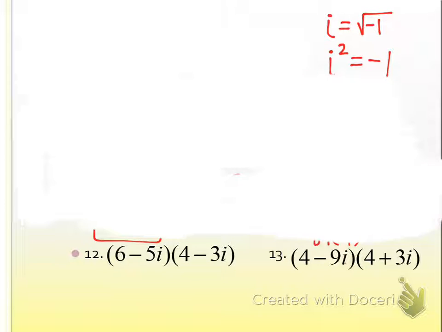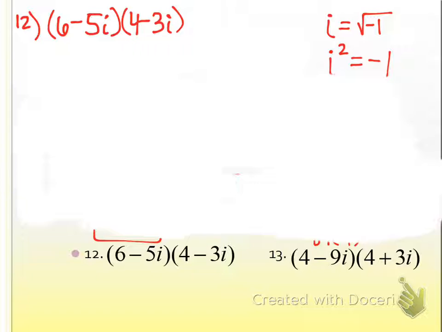Okay, so the hint or idea at the end of those notes up there is that if we're multiplying two complex numbers together, we would double distribute. So let's rewrite number 12 so I can show that work. 6 minus 5i times 4 minus 3i. We're double distributing, so that means we're going to take the 6 and multiply it to both the 4 and the negative 3i.